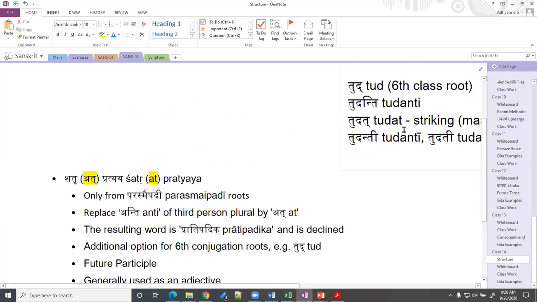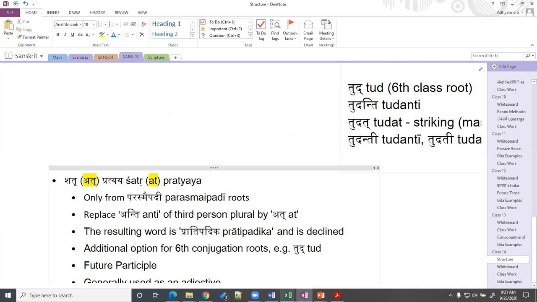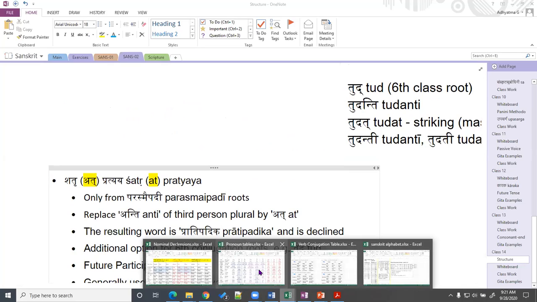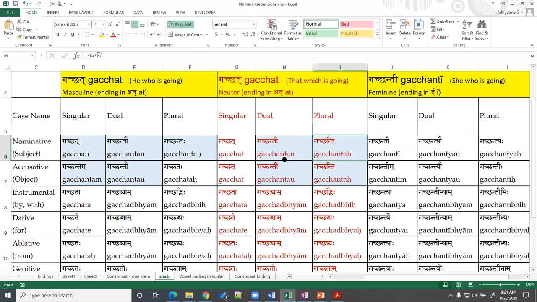For the same class, sixth class root, if you look here, the neuter dual form and the feminine stem are identical. Gachanti, gachanti. Here and here, both of them, as well as the feminine base word, are identical.